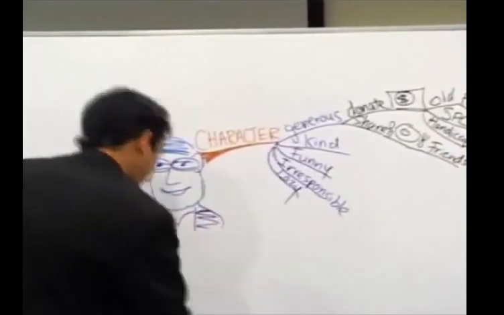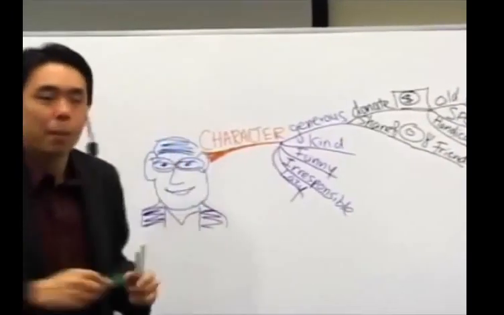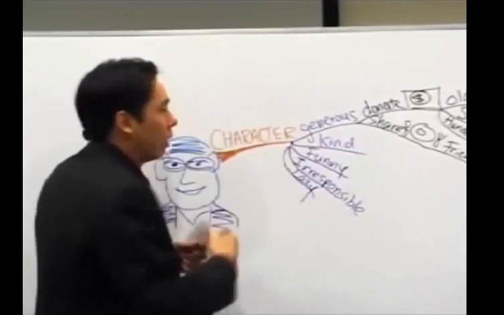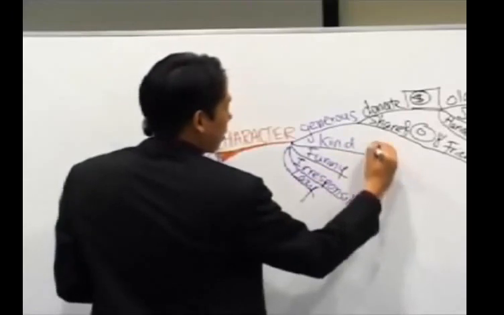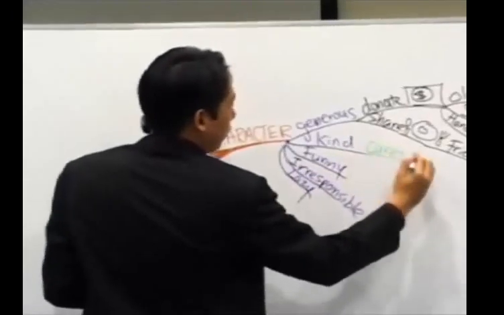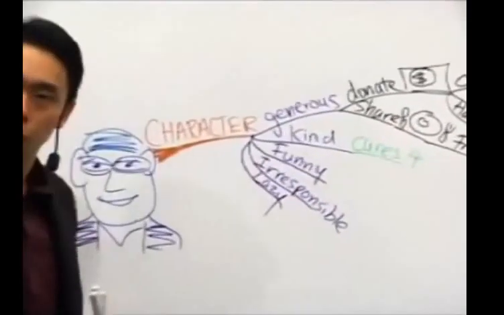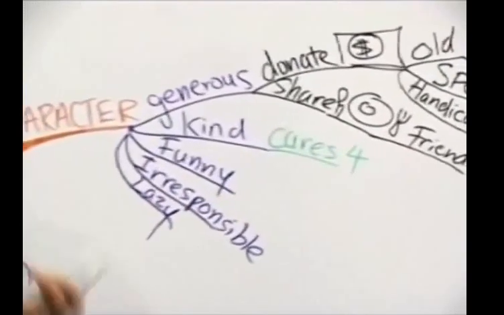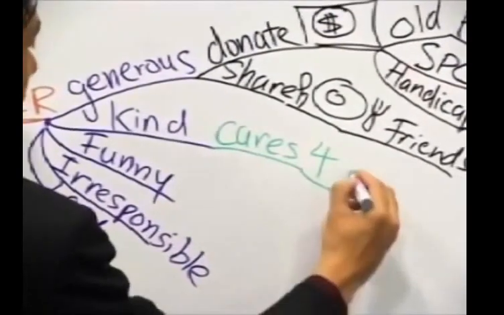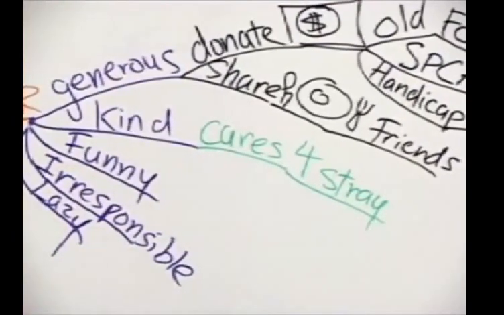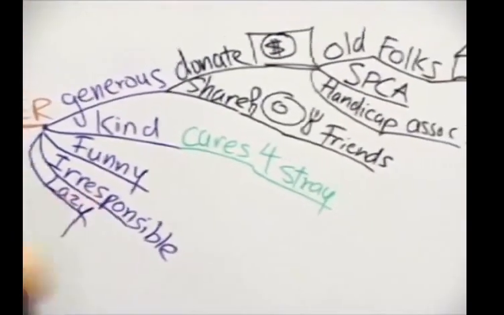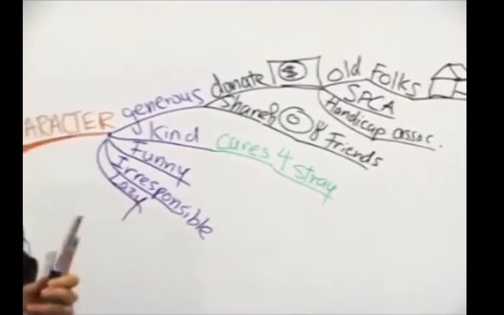Okay, under kind. Why is he kind? Again, I'm just making stuff up. Maybe he's very kind because he tends to take care of stray animals, right? So, cares for. Now, use the word for to represent cares for. Again, it's a symbol. Cares for stray dogs, okay? So, under dogs, I could change color because I'm branching to a more detailed point.